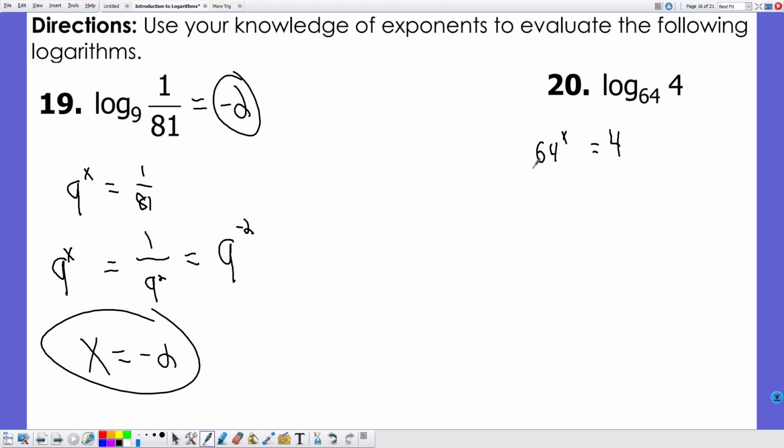I know that 4 to the third power is 64, so if I took the cube root on both sides, I would get my answer. So the cube root is 1 over 3. Again, if all this is too tricky, you can always just use a calculator. I hate to say that, but whatever.